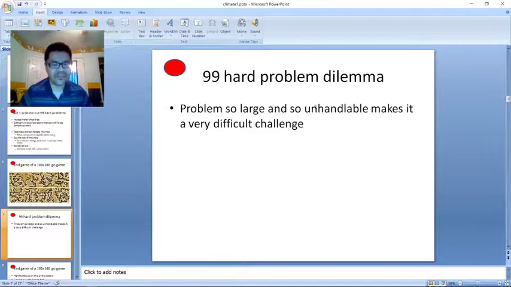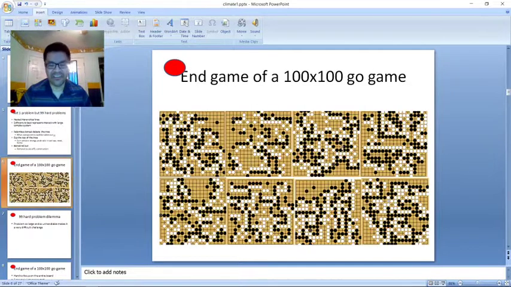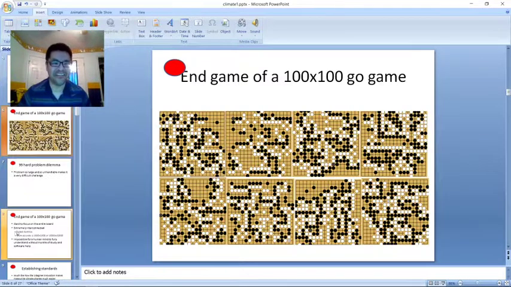So the problem is so large and so complex that we need new ways of dealing with complexity.